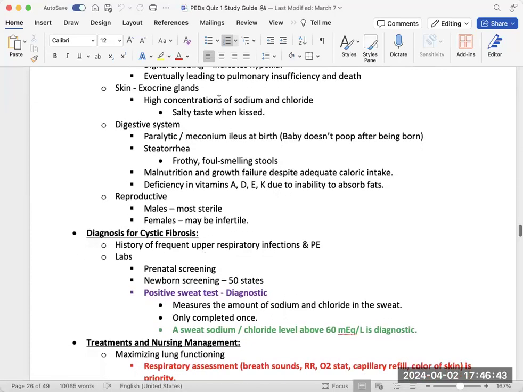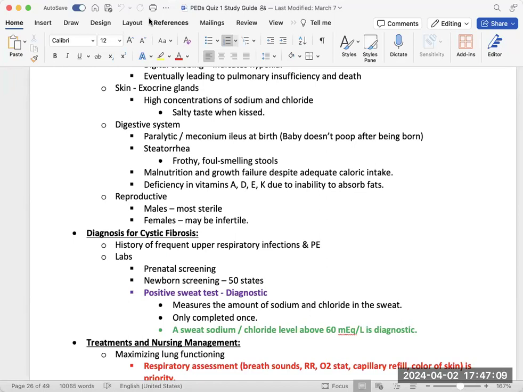We already said their skin is going to be salty, and that's because of the high concentrations of sodium and chloride. Digestively, they're going to have something called paralytic ileus or meconium ileus, where basically the baby doesn't poop after they're born. After they're born, they're supposed to poop within a certain amount of time, and these babies are not doing that.